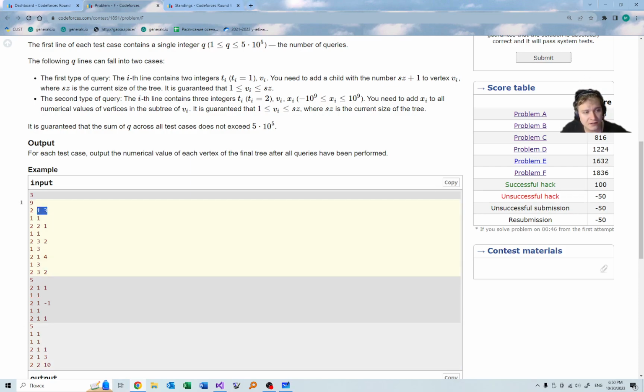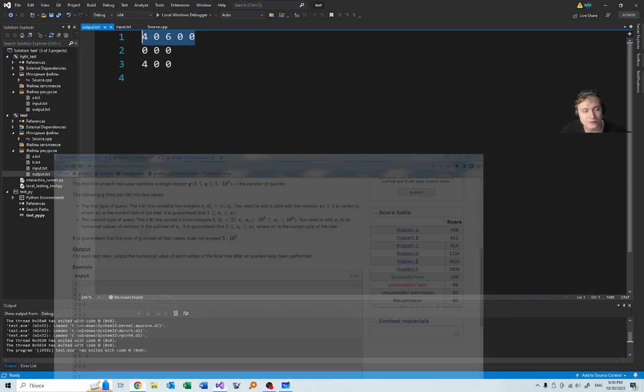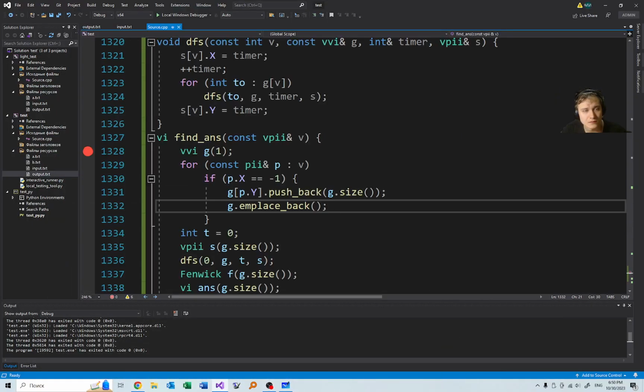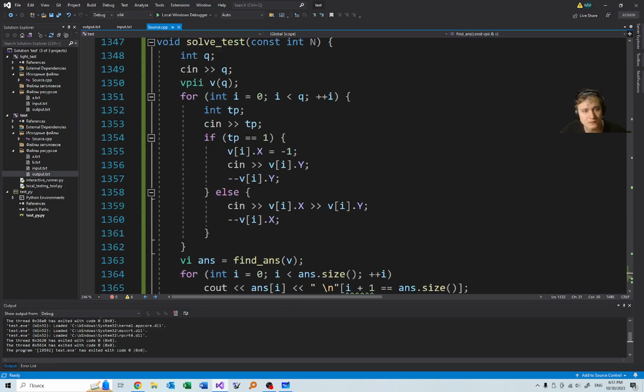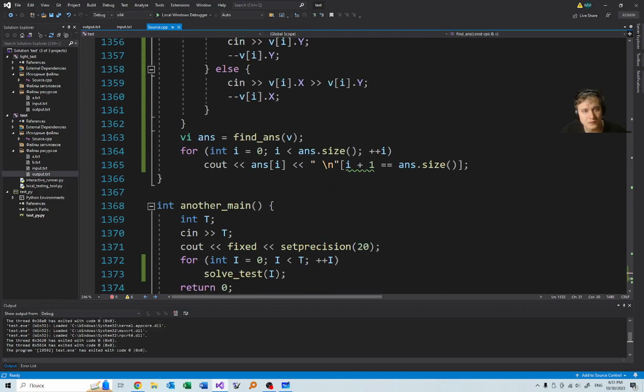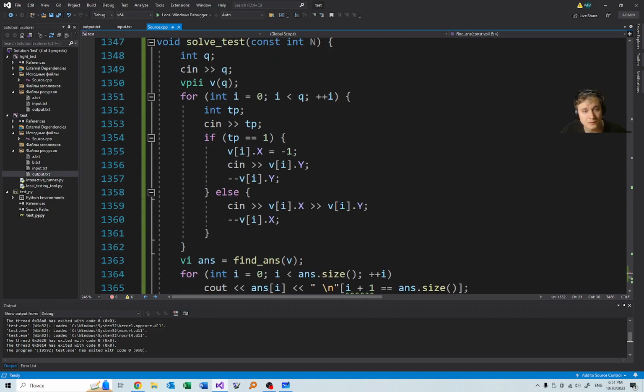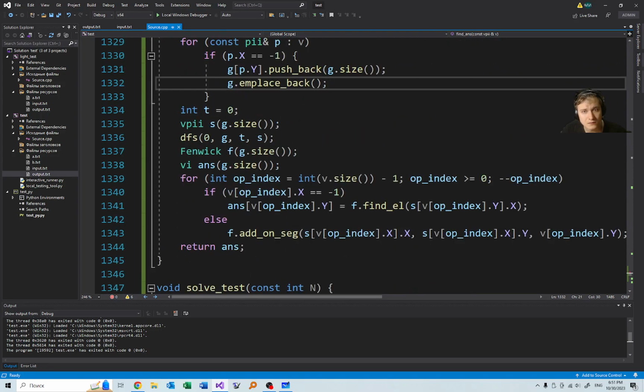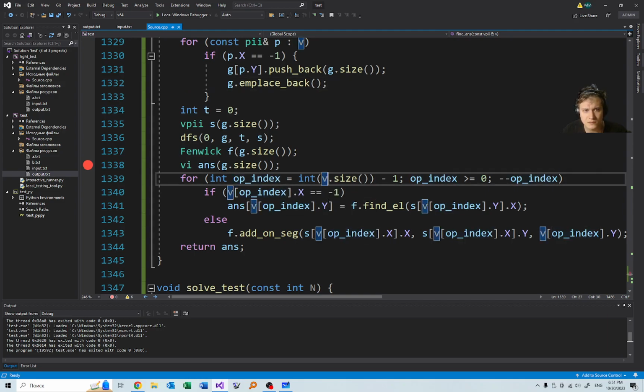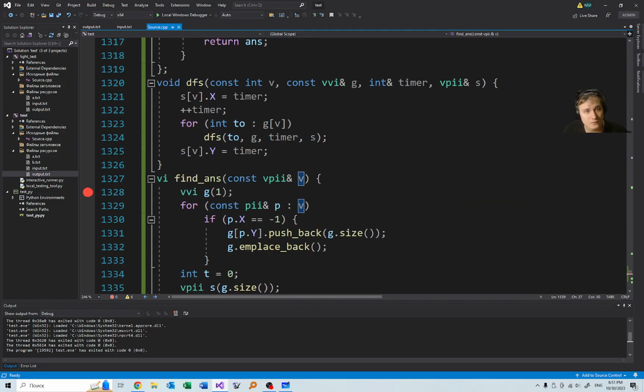We just added 3 to the root and then 4 to the root. Okay, this is fine.